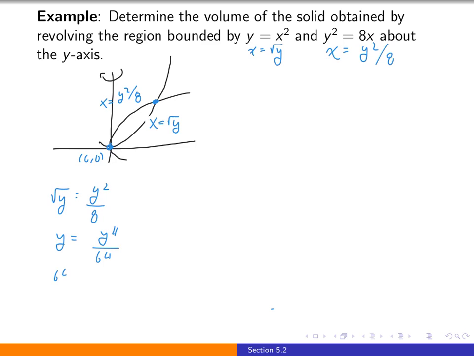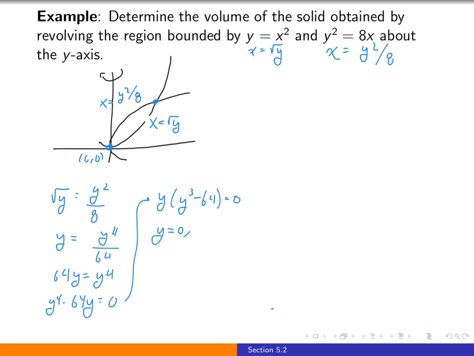So 64y equals y to the 4th. Putting everything on the same side, we have y to the 4th minus 64y equals 0. If we factor this, we have y times y cubed minus 64 equals 0. So y equals 0, or y cubed minus 64 equals 0, which means y equals 4.